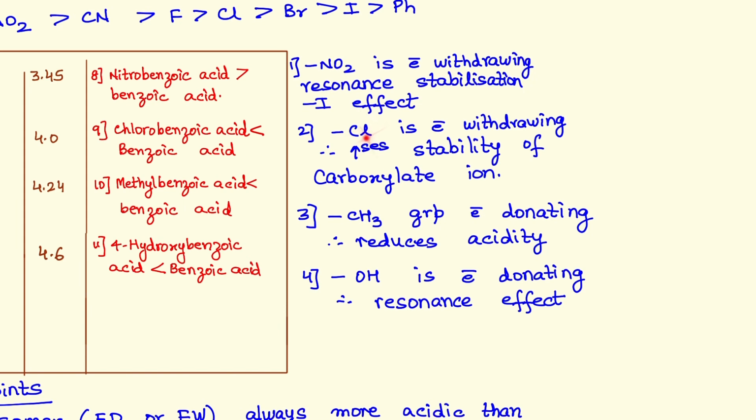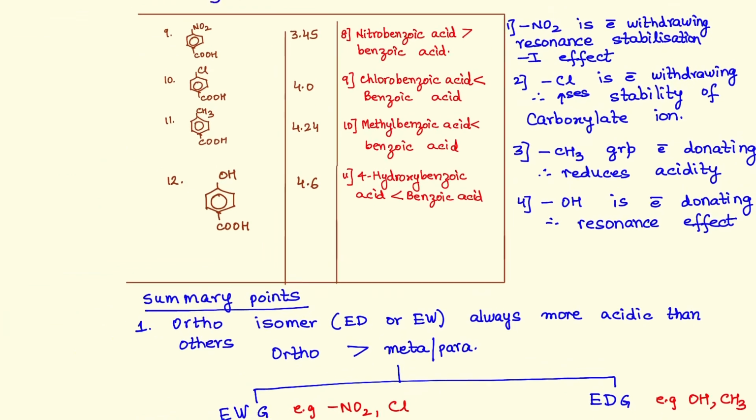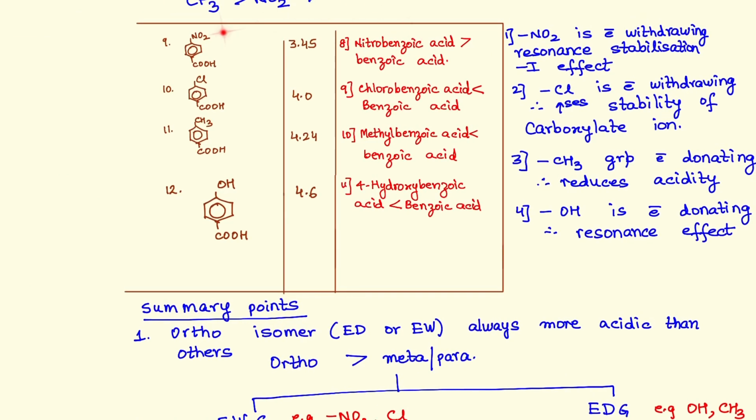Cl, F, Br, all halogens are electron withdrawing and increase the stability of the carboxylate ion. The CH3 group, on the other hand, is electron donating, and in the same way OH, because of the presence of lone pairs of electrons on the oxygen. Therefore, the acidic character goes down, and for quick reference I have put a part of that chart over here.